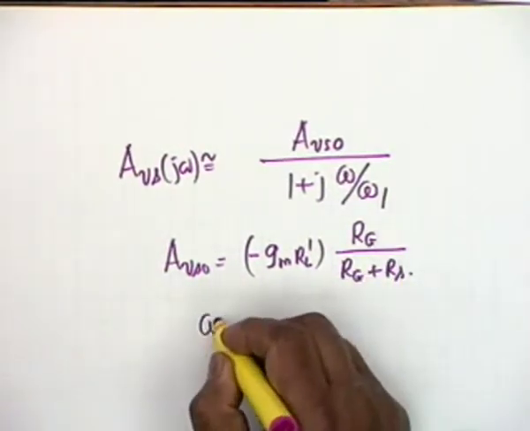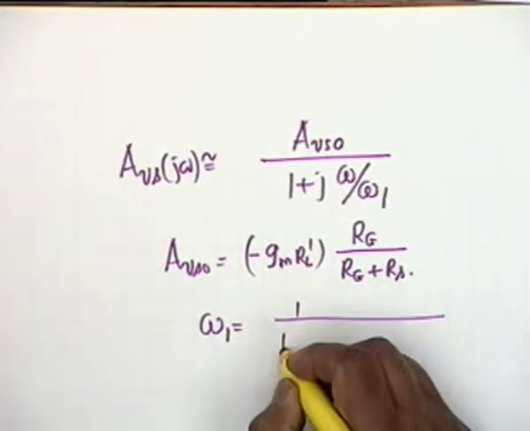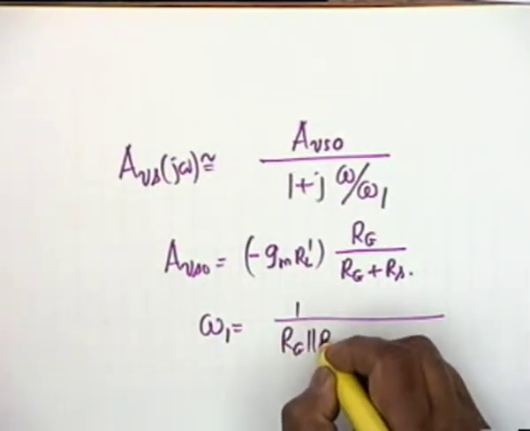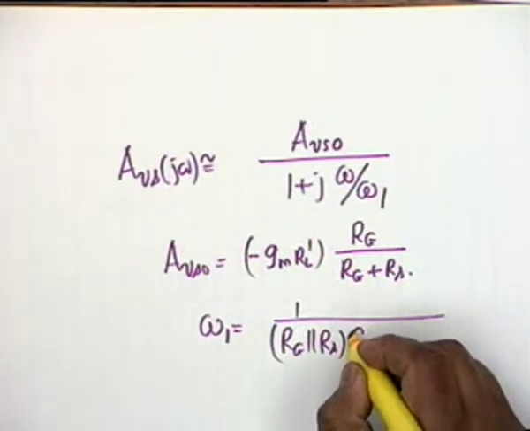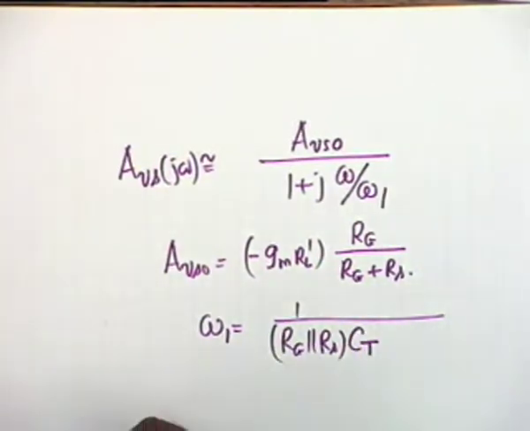Okay, and omega 1 is given by 1 over Rg parallel Rs multiplied by Ct under the usual approximations.